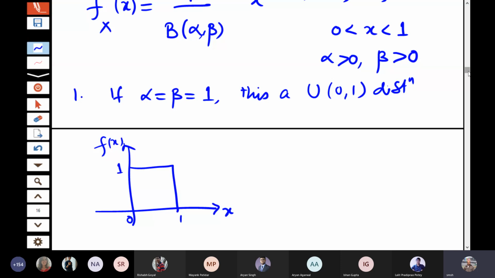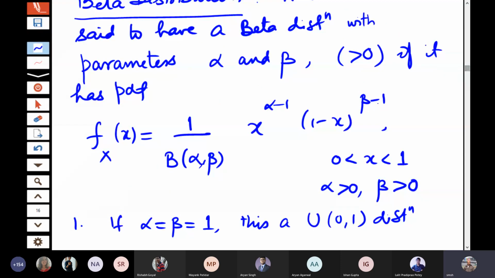Suppose I take beta equal to 1 and alpha equal to 2, then I will get x. Basically I will calculate this term, that is 1 by beta(2, 1), that is 2. So 2x I will get.